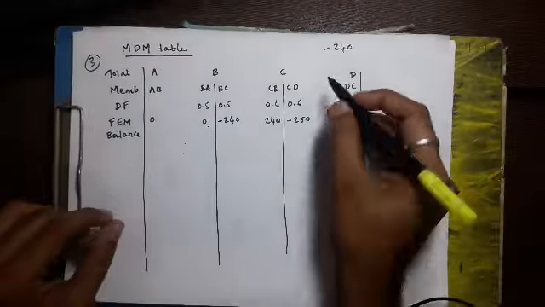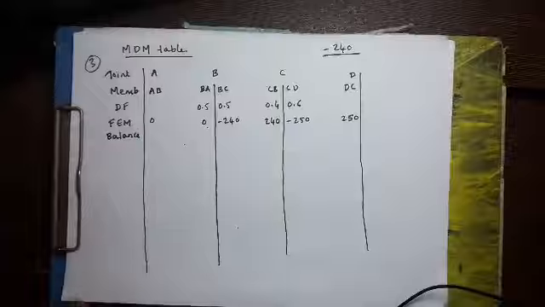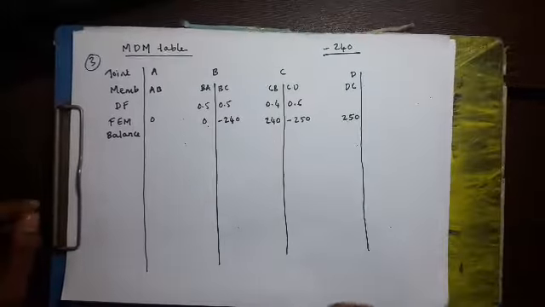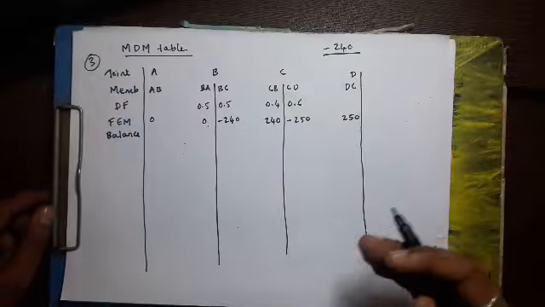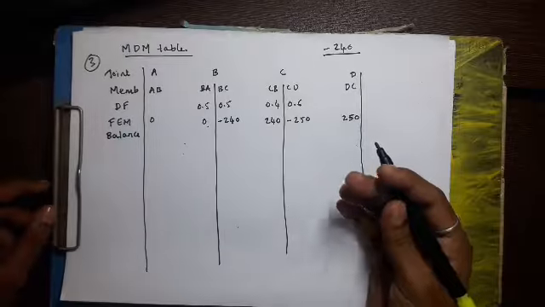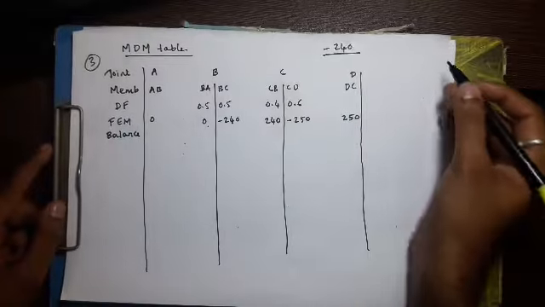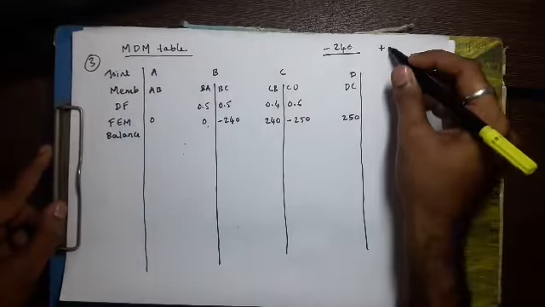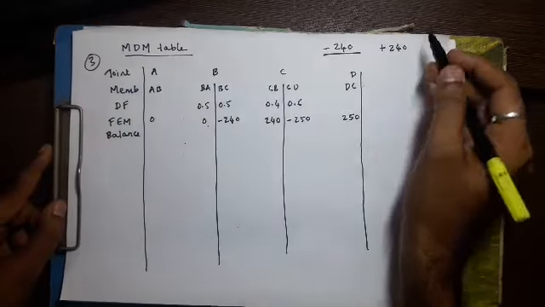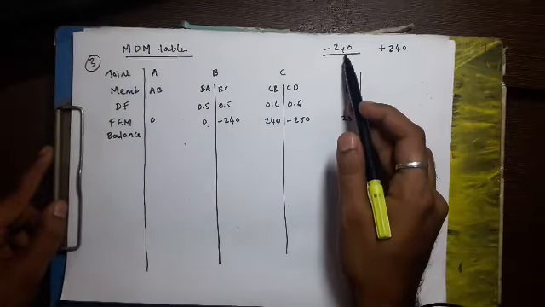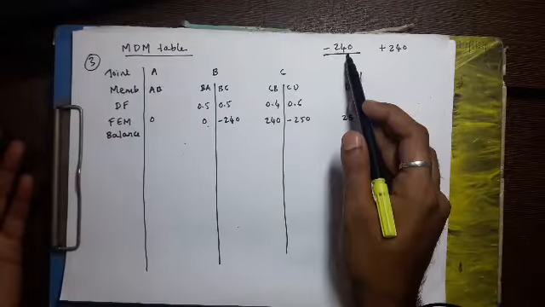Is it right? In order to make it 0, in order to balance, we have to apply plus 240 so that joint B is balanced.